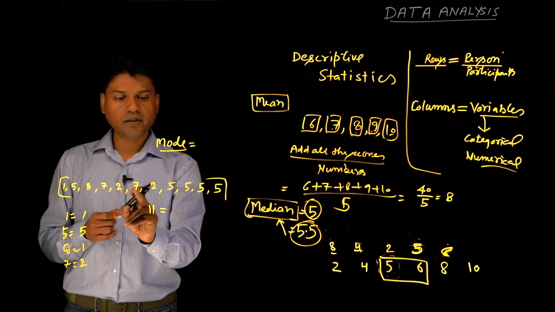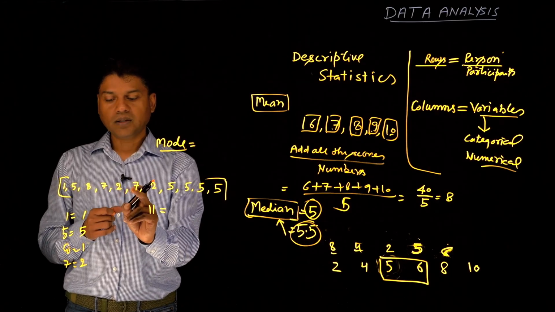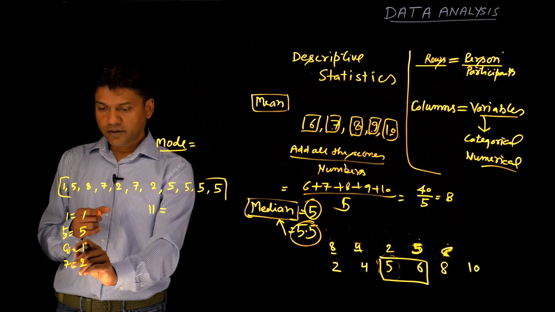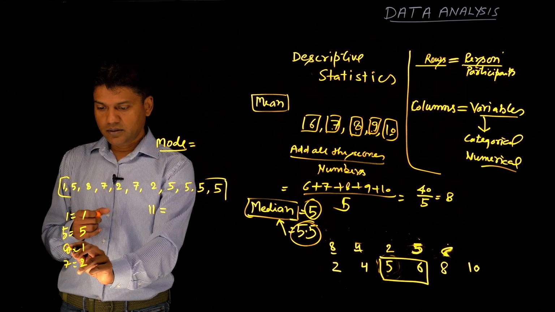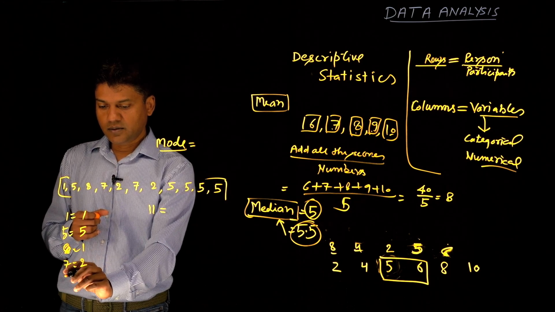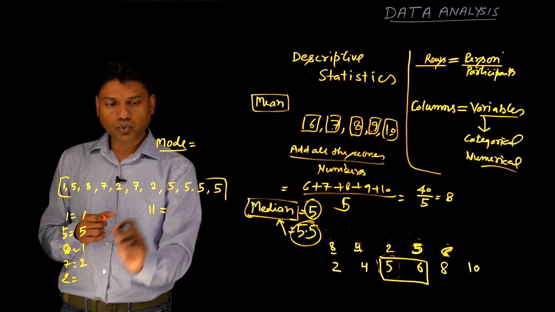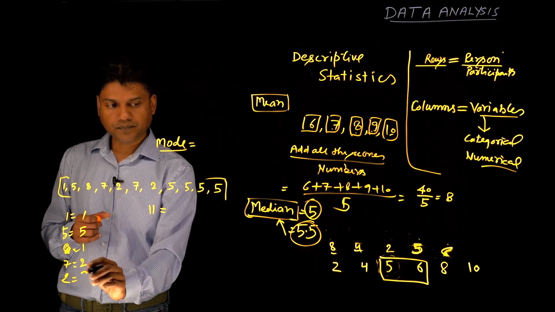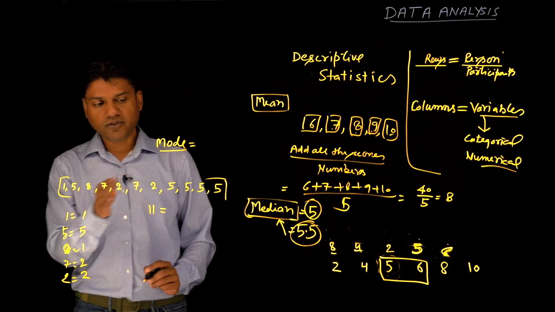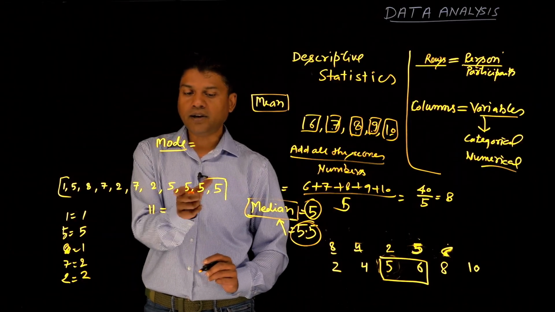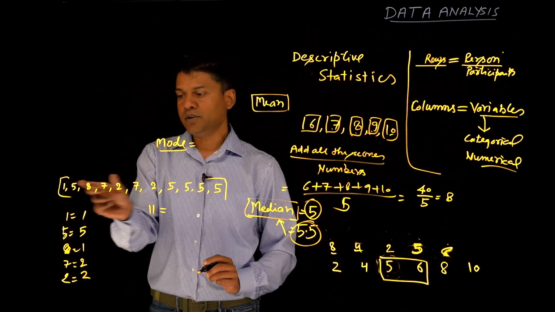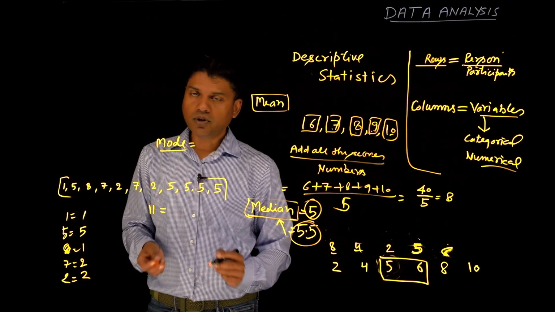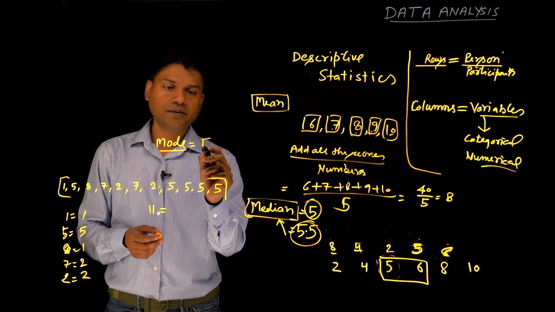And 2 is happening 2 times. So in terms of frequency of the data, you see 5 is happening the maximum number of times. So the mode of this data is 5.